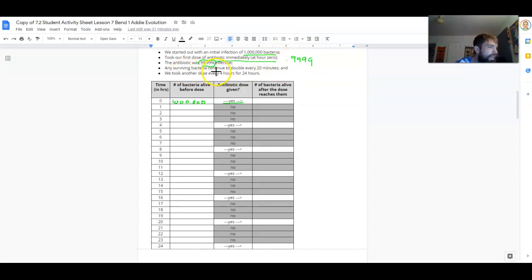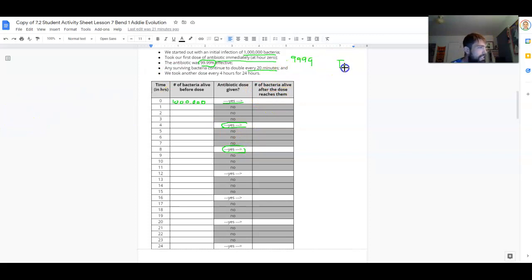So any surviving bacteria continue to double every 20 minutes, and then we took another antibiotic dose every 4 hours for 24 hours. So this is the number of hours, and every 4 hours we take another antibiotic. Okay, so how do we do this?